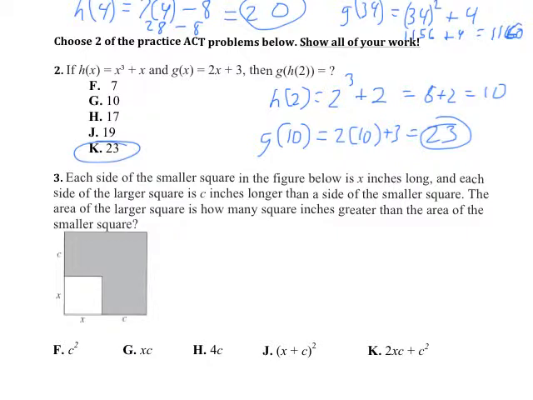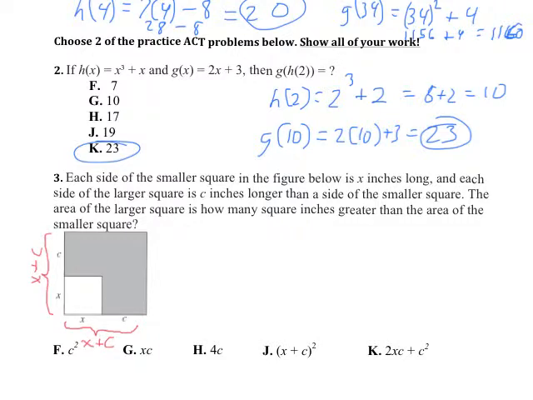Essentially, we need to write one algebraic statement for the length of the big square, and that would be x plus the unknown number c. And this would be the same side length here, x plus c. It's just all there is to it.